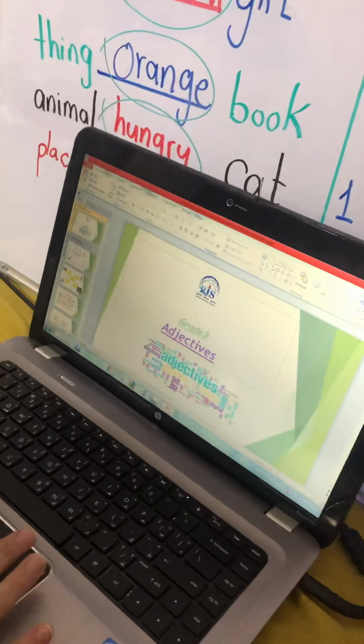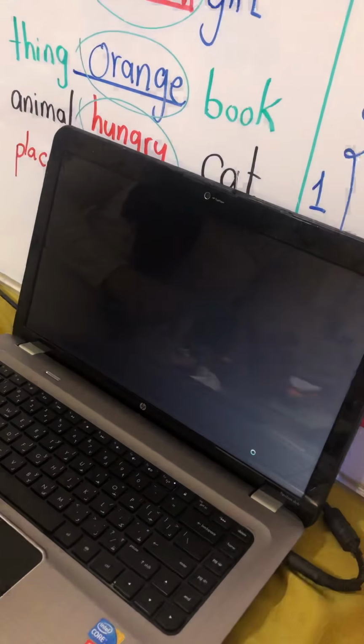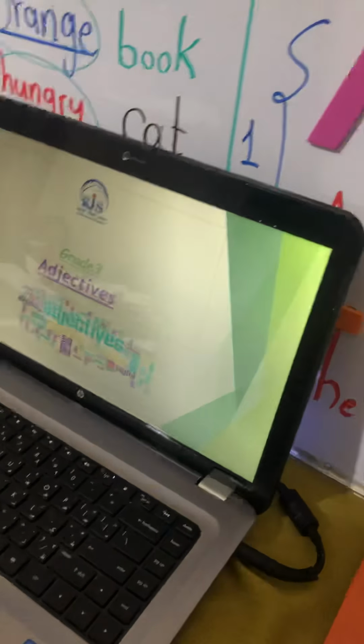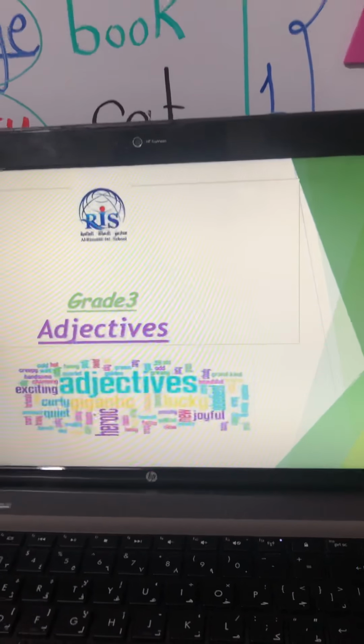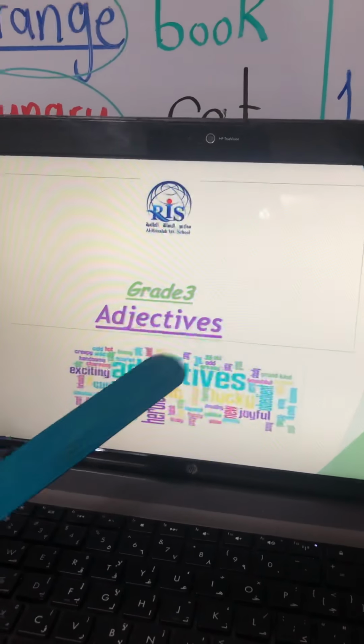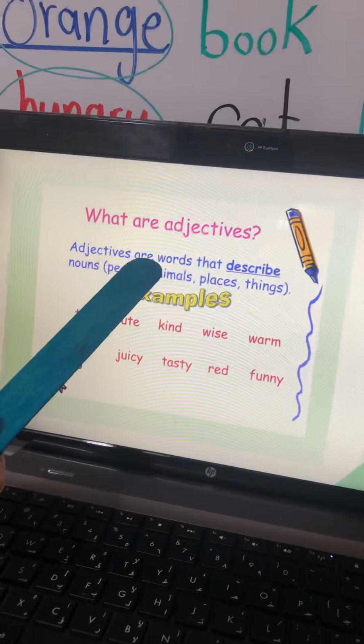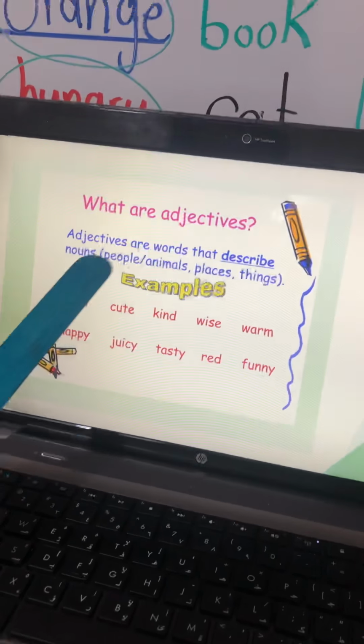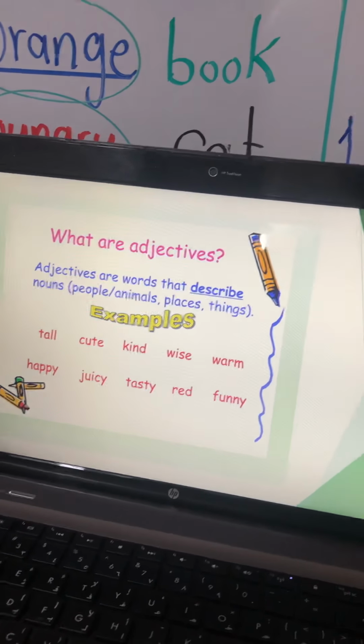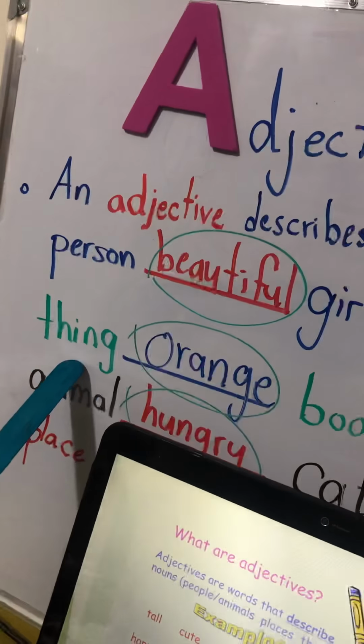This is our presentation. Adjectives. What are adjectives? Adjectives are words that describe nouns like person, people, thing, animal, or place.